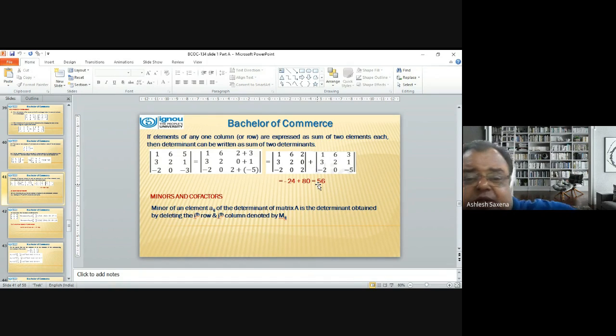Now, one of the most important parts of determinants is minors and cofactors. This will be useful when we solve linear equations.